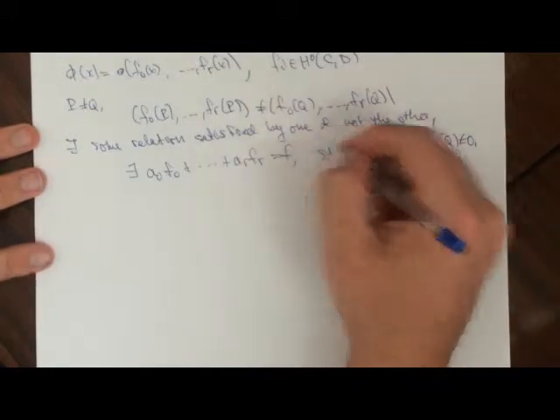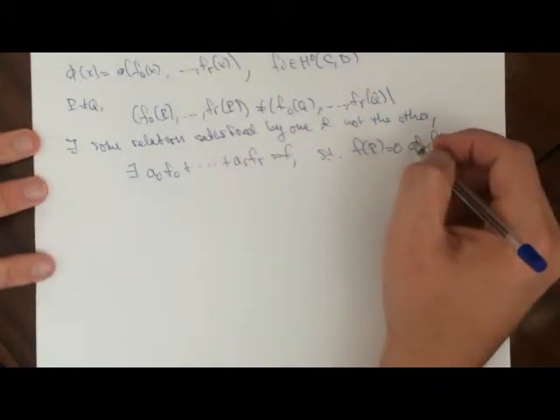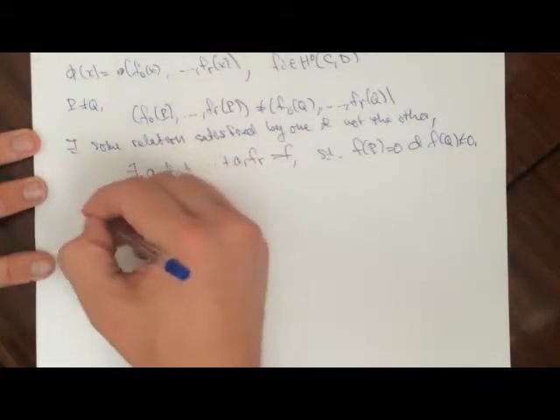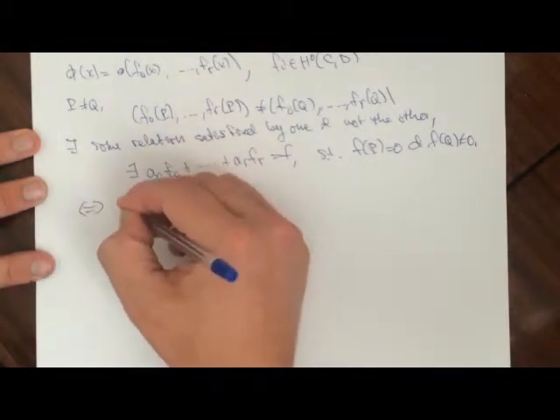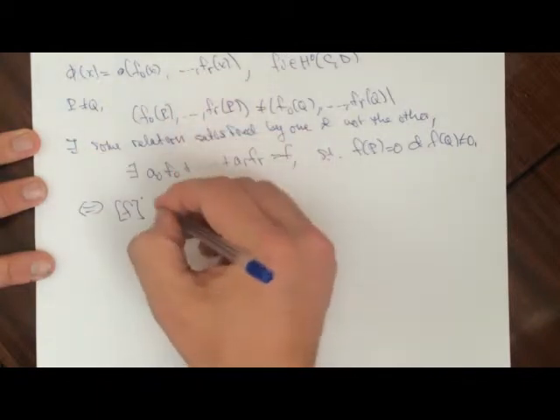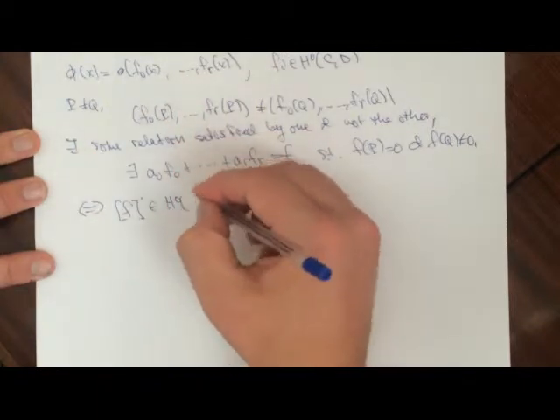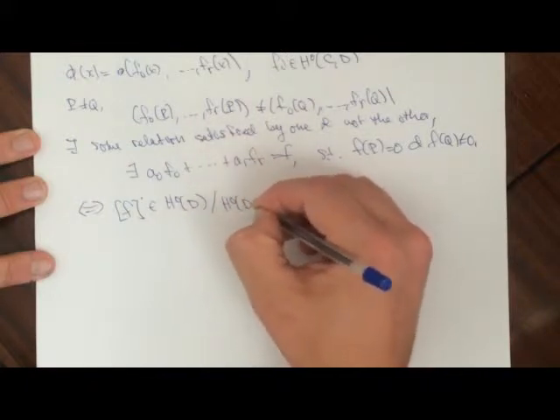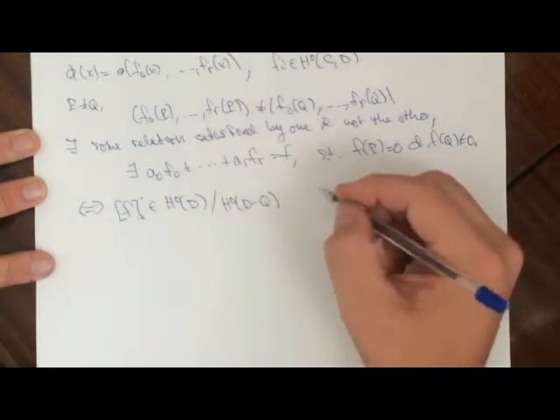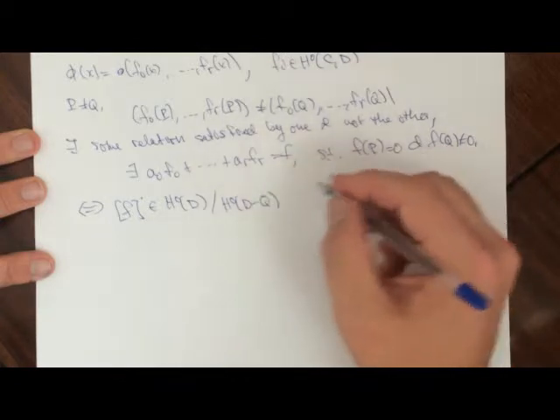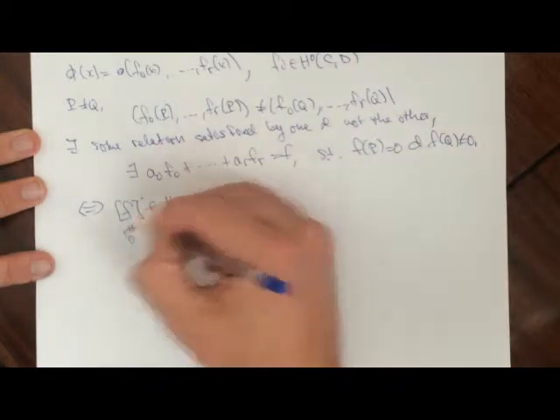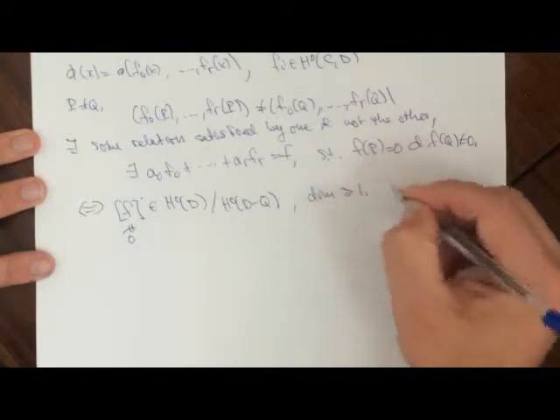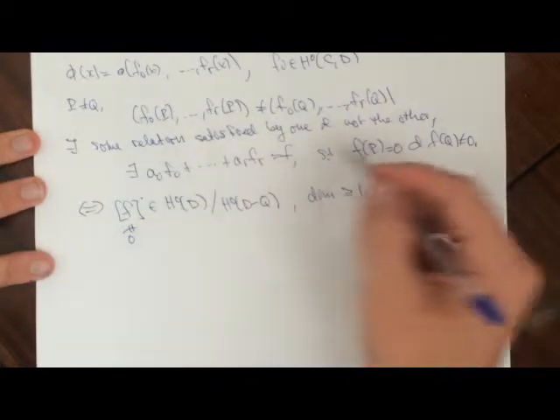Since this is true, this is true if and only if the equivalence class of f in h0(D) modulo h0(D minus q) is nonzero, so the dimension is bigger than 0, and it has dimension less than or equal to 1 by the previous remark.